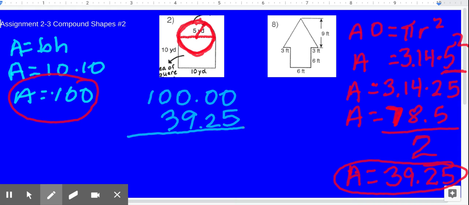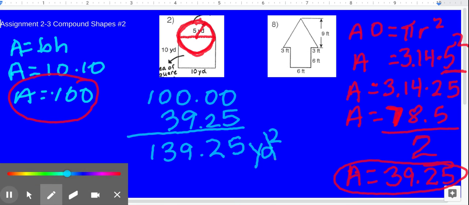So the area of that total shape is 139.25 yards squared.